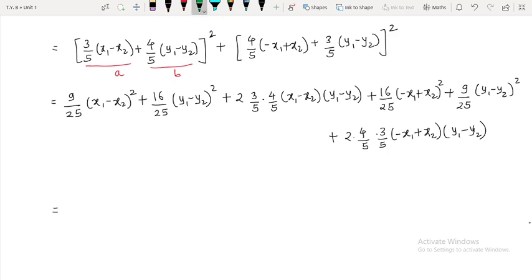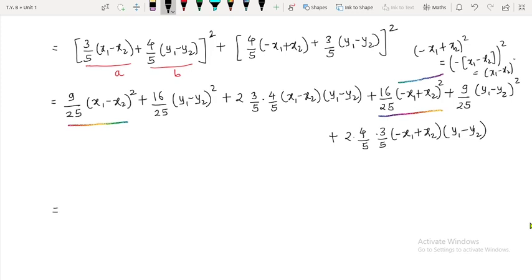Over here you are having (x1 minus x2) whole square. Now somewhere in the other term also you might be having (x1 minus x2) whole square. See this. Now one might say that this is (minus x1 plus x2) whole square, but as I have told you in the last class, this (minus x1 plus x2) whole square can be written as, if you take that minus out, inside it will be (x1 minus x2) whole square, and if you square it, it is the same as (x1 minus x2) whole square. So I hope you are getting my point.